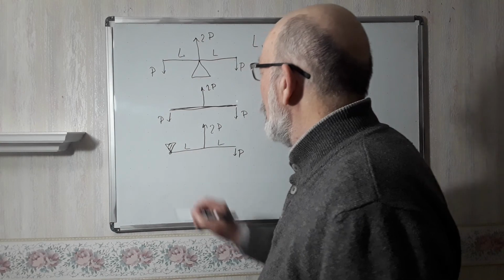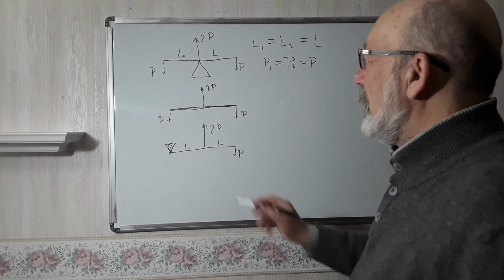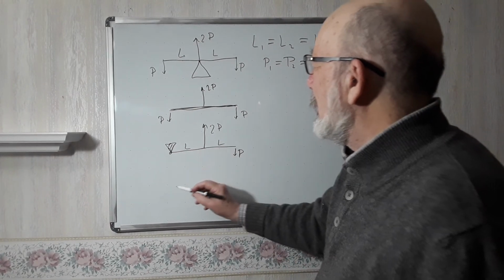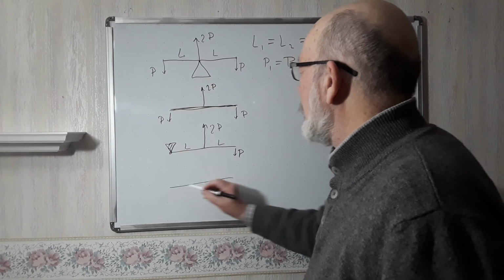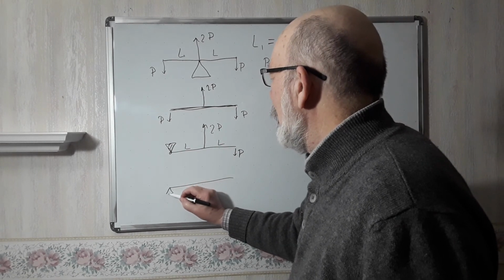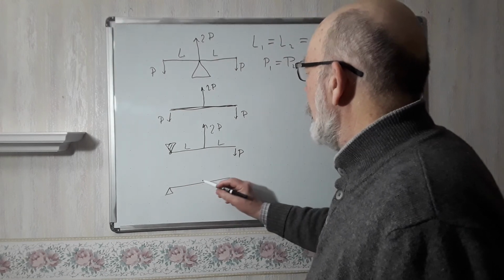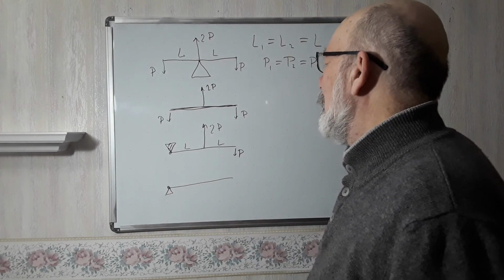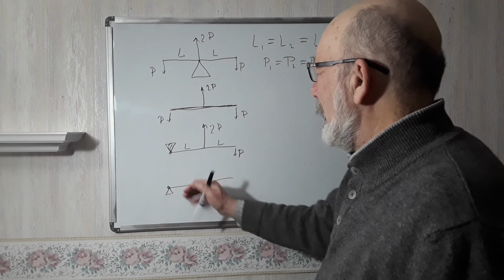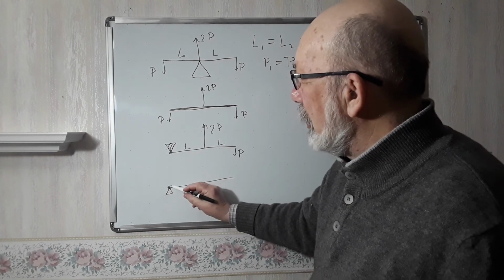Or, if you don't like this configuration, we can overturn it and see this configuration. This is the pivot. The lever can turn around this point.